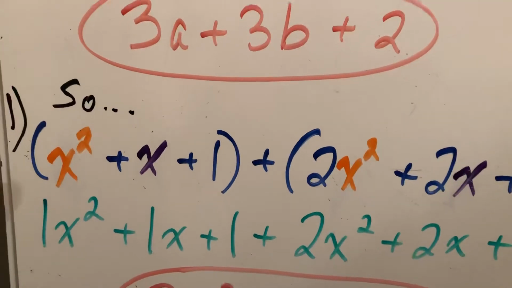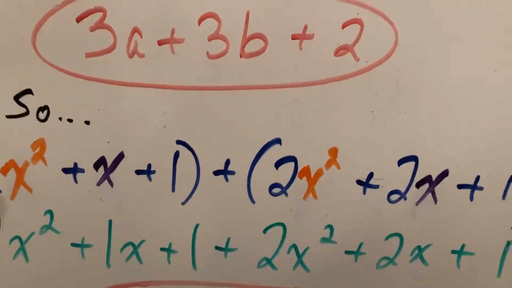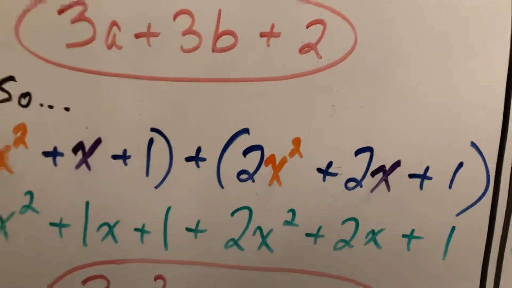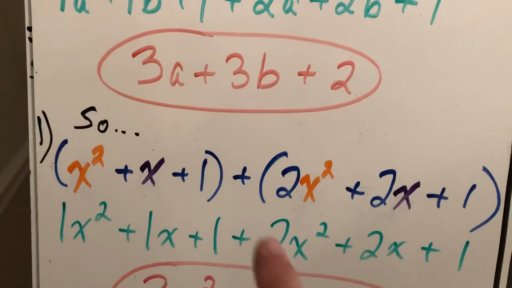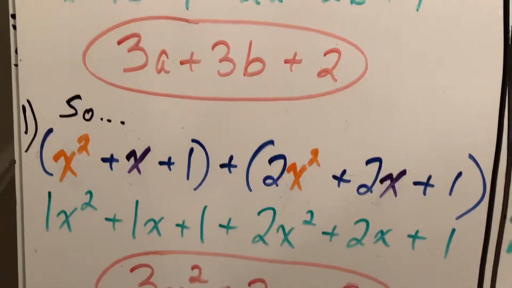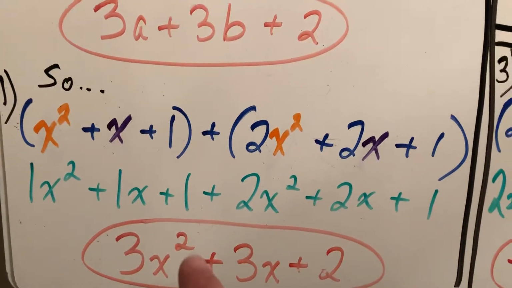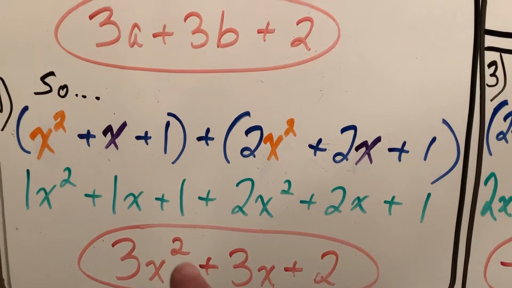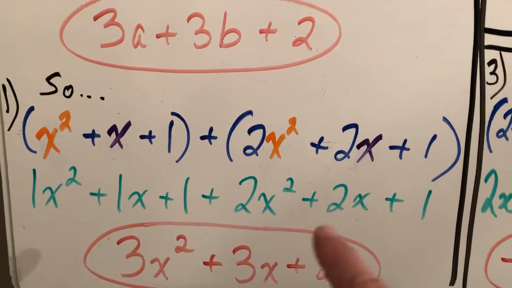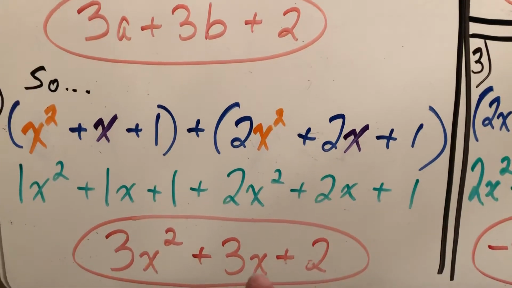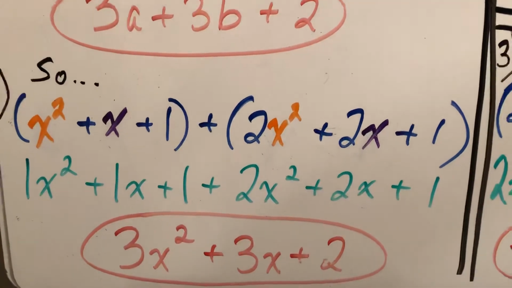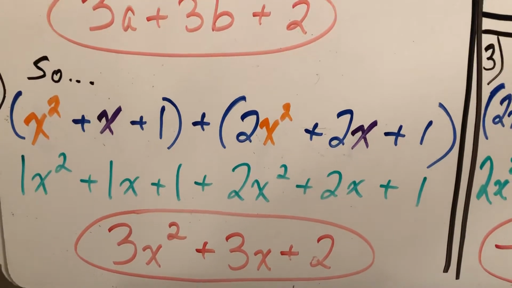And I've got 1x squared plus 1x plus 1 plus 2x squared plus 2x plus 1. Now, what's 1x squared plus 2x squared? Oh, 3x squared. You don't make that to the fourth because we're adding, we're not multiplying, okay? 1x plus 2x is 3x, and 1 plus 1 is 2. That's all you got to do. Don't do any more than that.